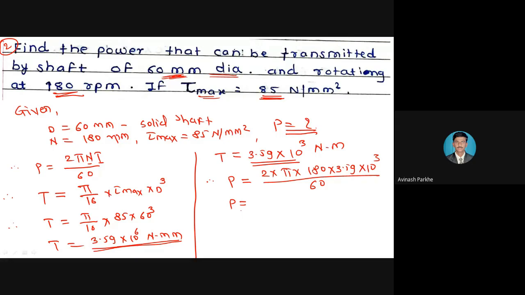Power is equal to 67.85 into 10 raised to 3. It is in watt, correct?